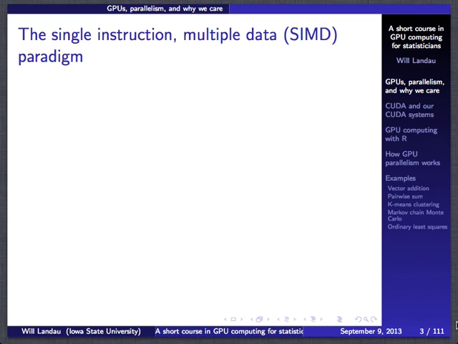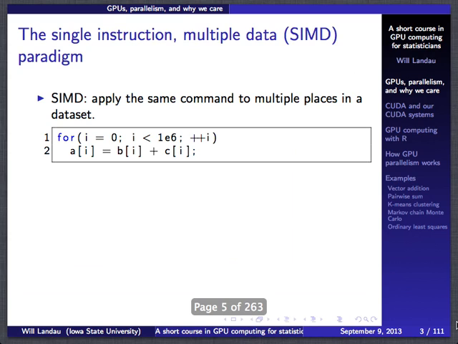Anyway, there's a set of situations or a programming paradigm called the single instruction multiple data paradigm. It's exactly what it sounds like. You have one piece of code that you're applying to multiple places in your data over and over again, and usually this happens sequentially. A good example is a for loop. This is a for loop for vector addition.